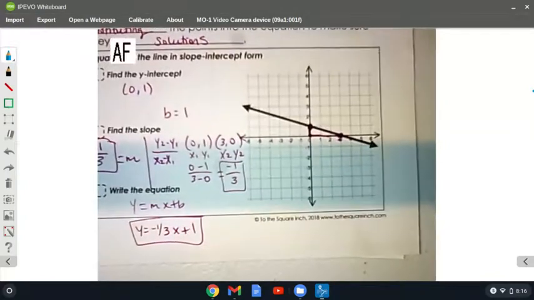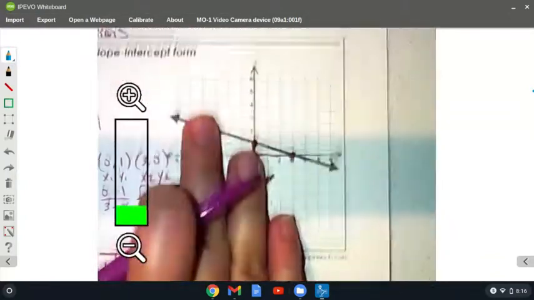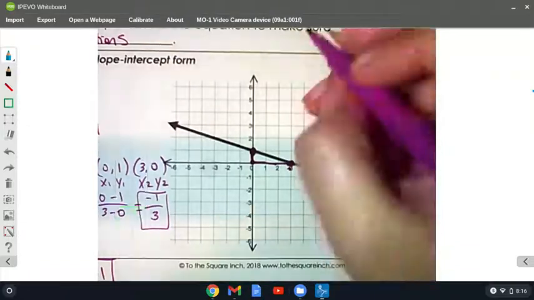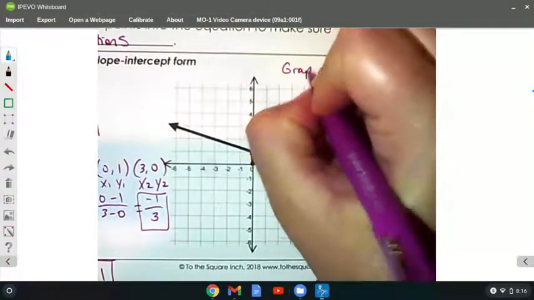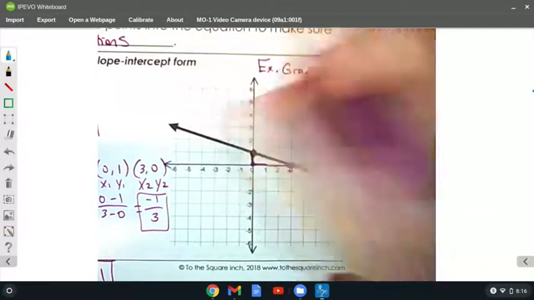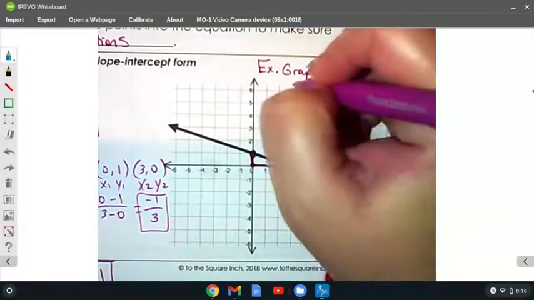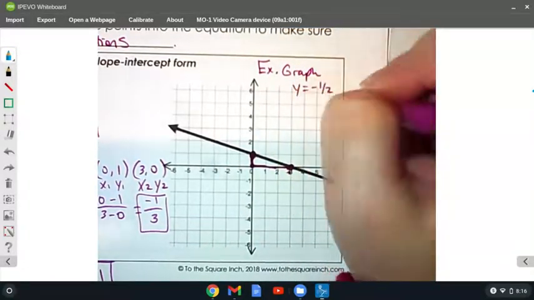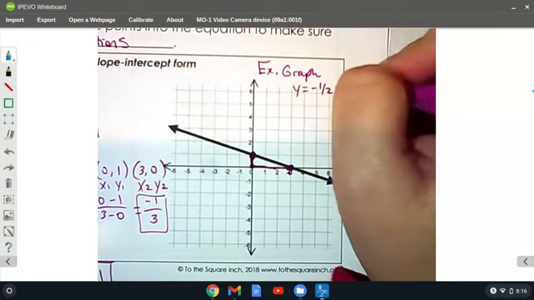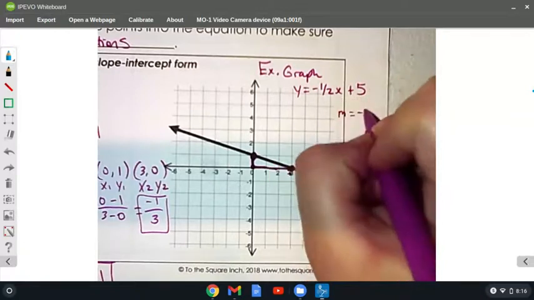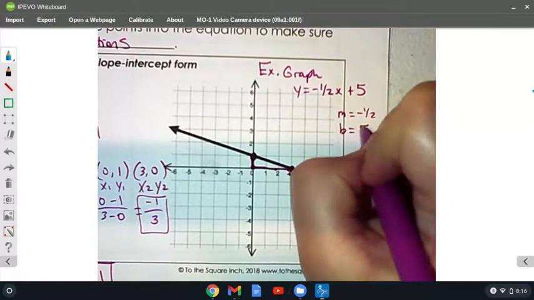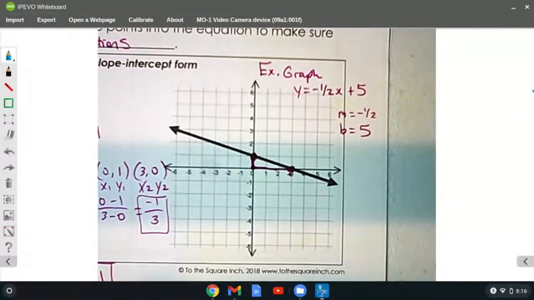The other thing to quickly review is what if I gave you an equation and asked you to graph it? So this is just an example here. What if I said to graph y equals negative 1/2 x plus 5? Now looking at this, my slope is this negative 1/2. My y-intercept is the 5.